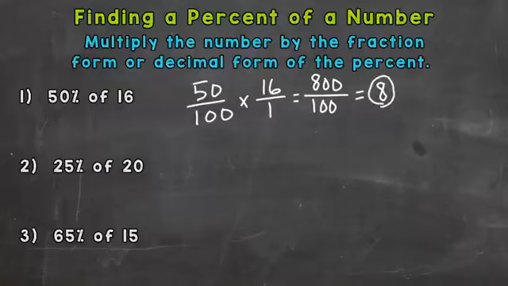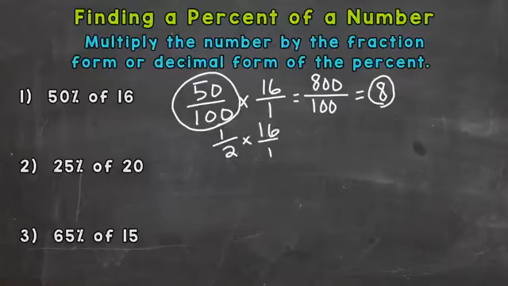Now, as you can see, that improper fraction answer, 800 over 100, got fairly large in value, those numbers. So what we can do, if you know a simplified version of the fraction, right, 50 hundredths is a half. Those are equivalent fractions. So we can replace 50 hundredths with 1/2, multiply it by our number, and we get 16 over 2, which is a lot more manageable than 800 and 100 there.